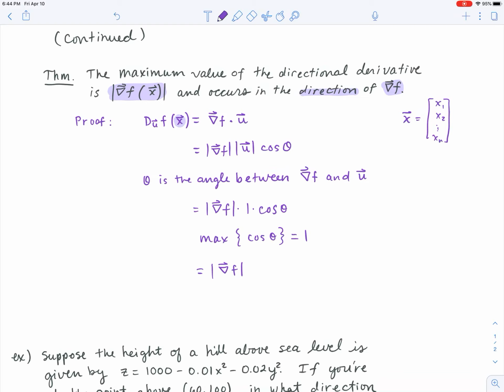Okay, so to prove the other part, the direction, so that's this first part. The second part is that u is in the same direction as the gradient of f. So we're going to look at this. Cosine is maximum. I guess we'll do a unit circle here. Cosine is maximum here at 0.